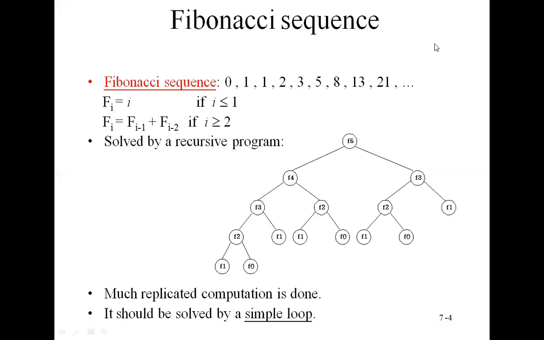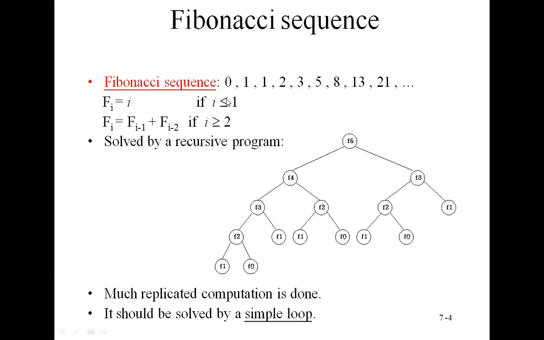In the Fibonacci sequence, we say f of i equals i if i is less than or equal to 1. That means if i is 0, f of 0 is 0, the first number. Suppose i is equal to 1, then the second number in our Fibonacci is 1.